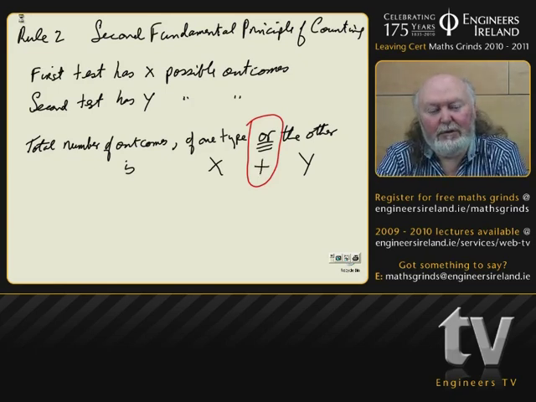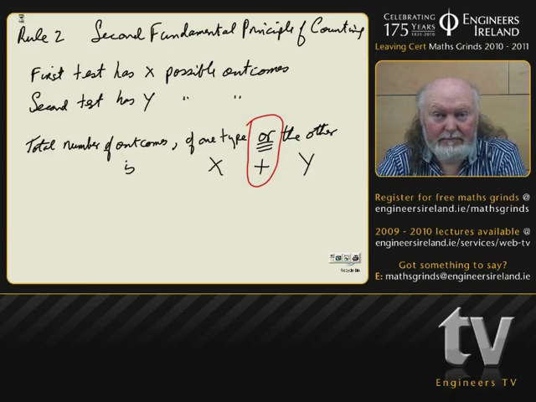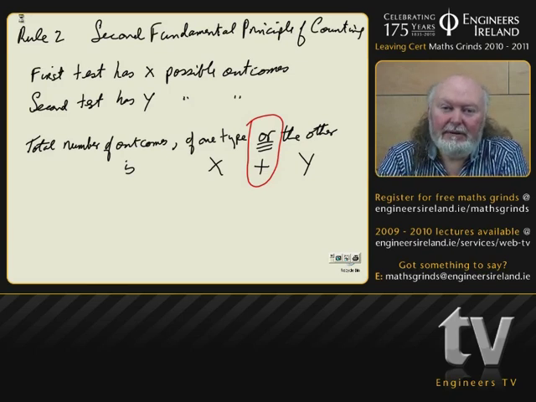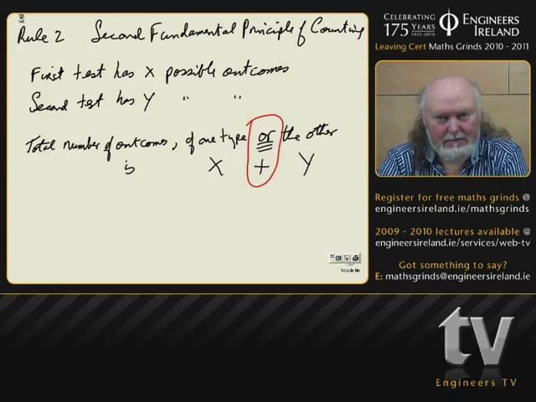So that's the second thing to remember, that or will mean plus. So something and something means multiply. Something or something means add.